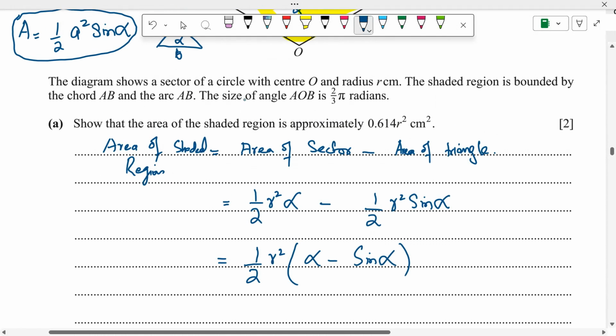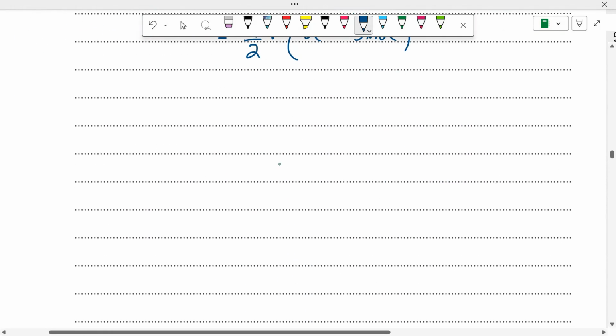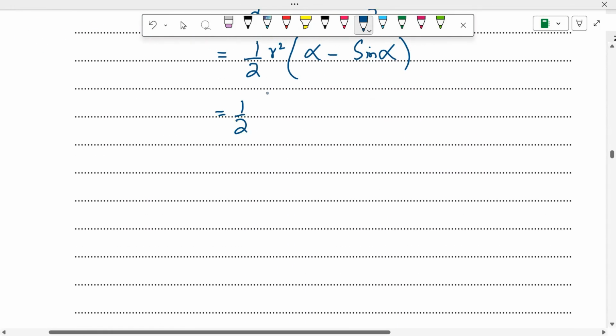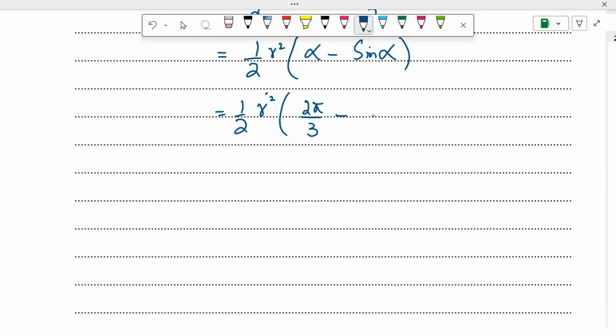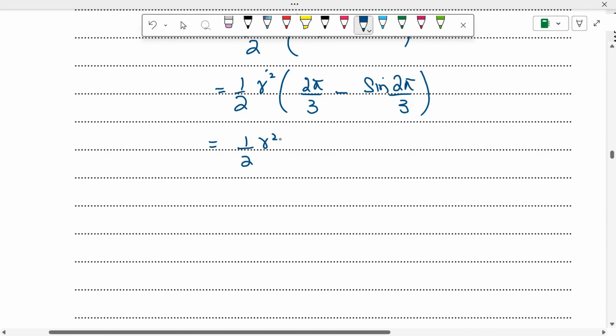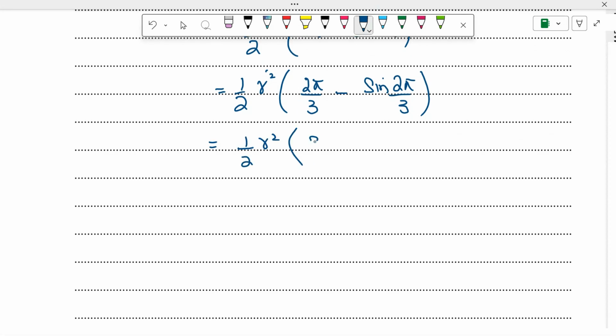Okay, now plugging in the value of alpha, which is 2 pi over 3. So 1 over 2 r square times 2 pi over 3 minus sine of 2 pi over 3. This is equal to 2.0943 minus sine of 2 pi over 3, which is 0.866. 1 over 2 r square times 1.22797.